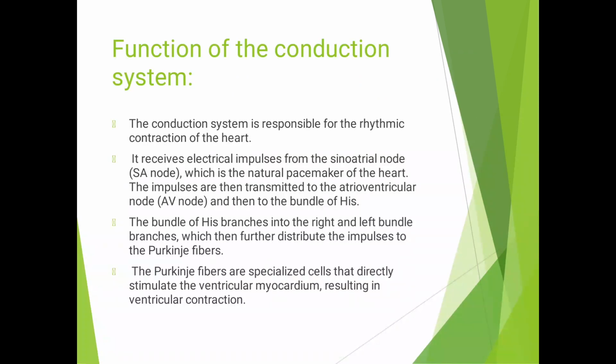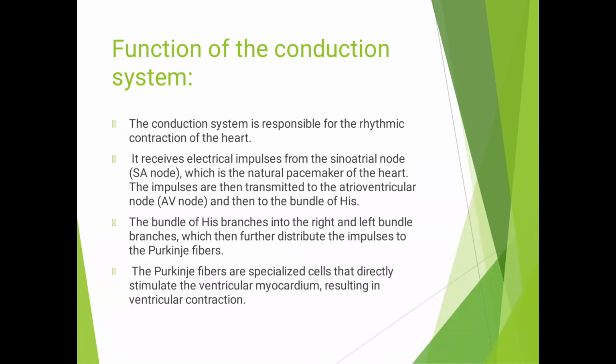Then functions of the conduction system. The SA node receives the electrical impulses and acts as a natural pacemaker of the heart. The impulse from the SA node is transmitted to the AV node. AV node is also called the atrioventricular node.